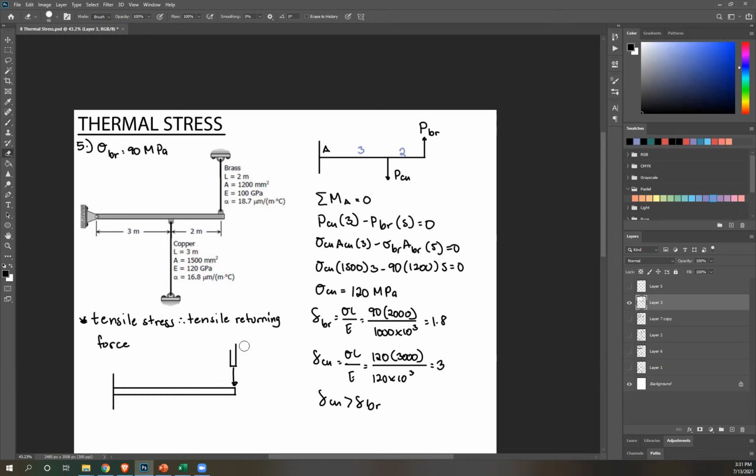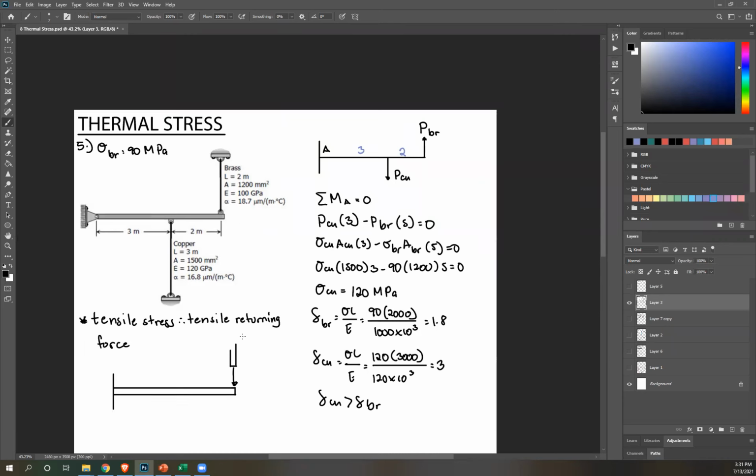And then the reason why we have this is to know how is it going to deform? What is now its final position? Since copper will deform more than bronze, that means this bar will move towards copper. Okay? Because again, copper deforms more than bronze. So the movement of this bar will depend on copper.